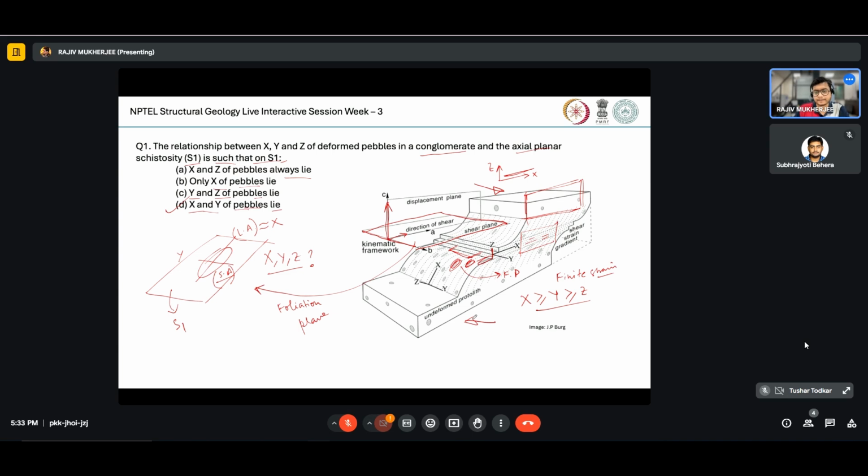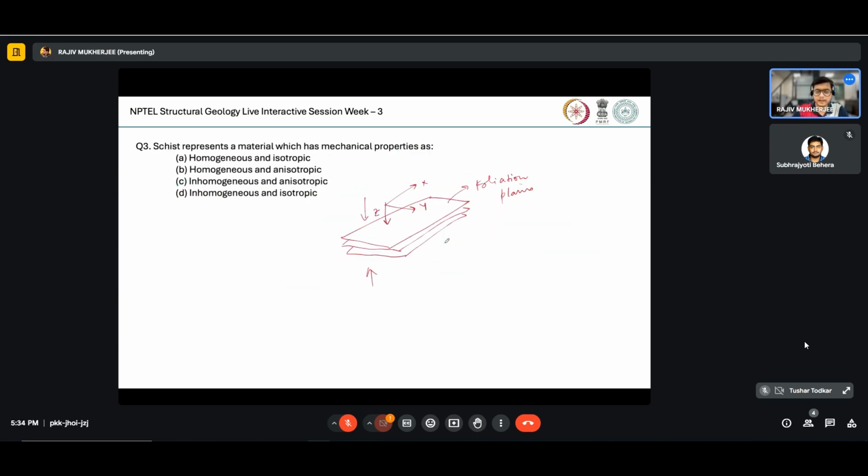And this kind of compression produces these foliation planes, which are essentially like the shear plane. So in this case, we can say that the compression direction is like this.